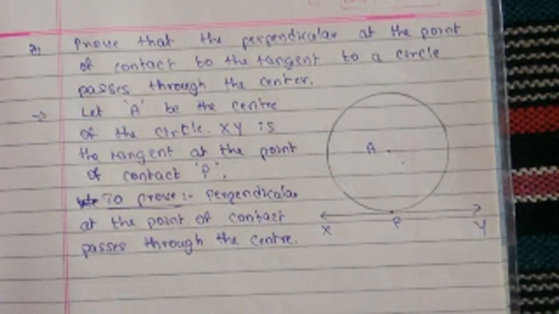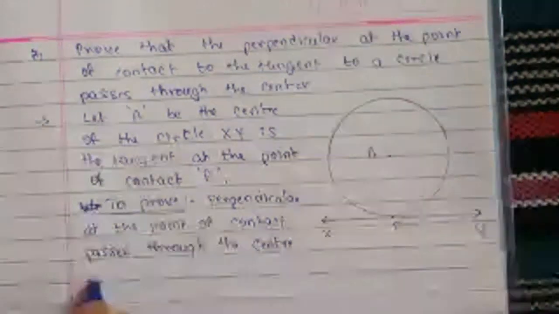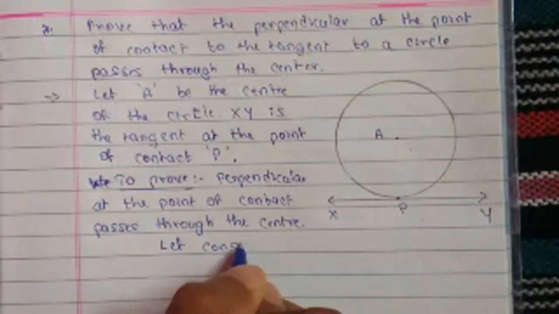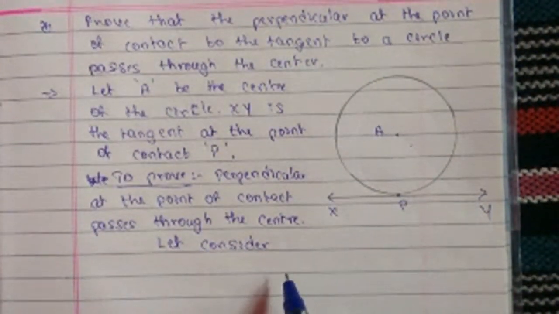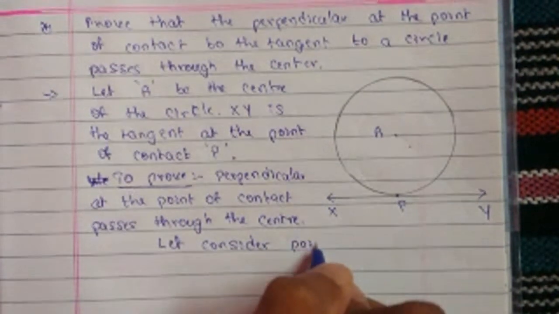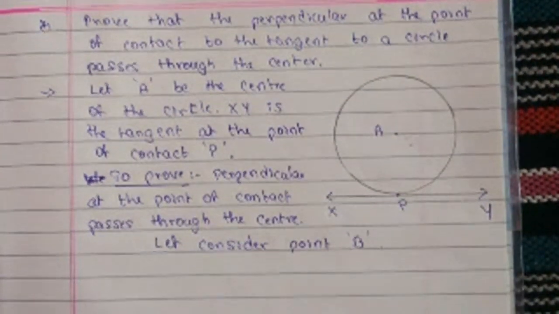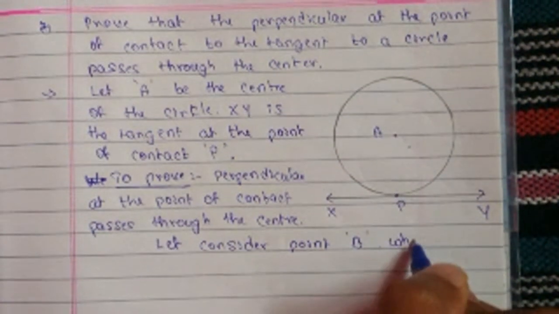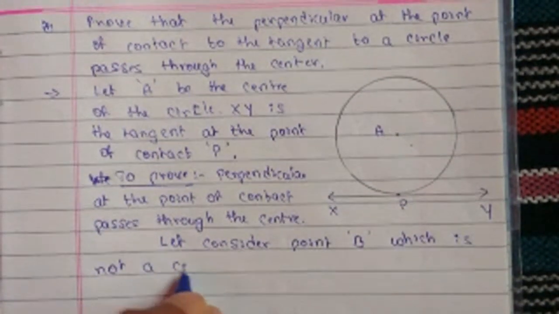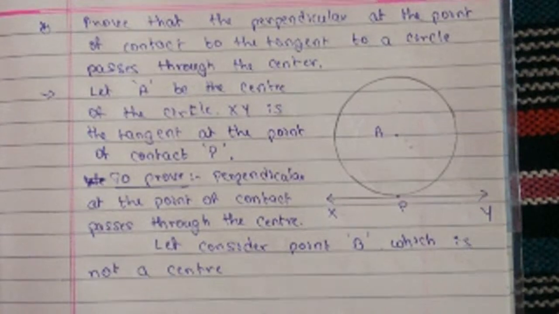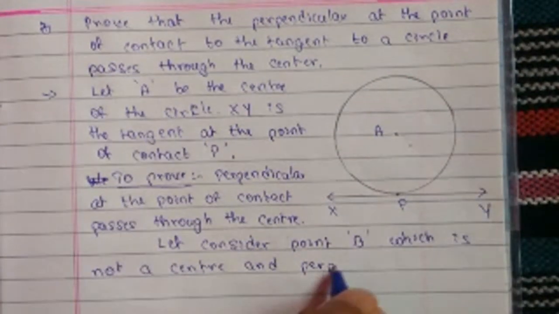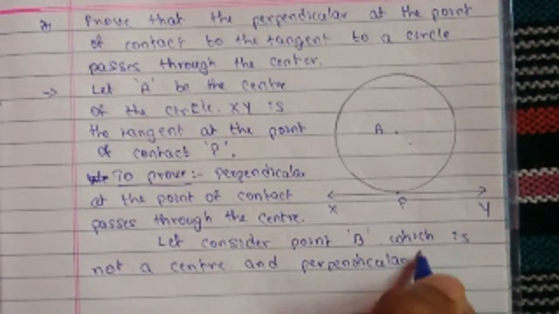For that, I'll consider one small assumption. Let's consider a point B, which is not the center, and perpendicular to the tangent.